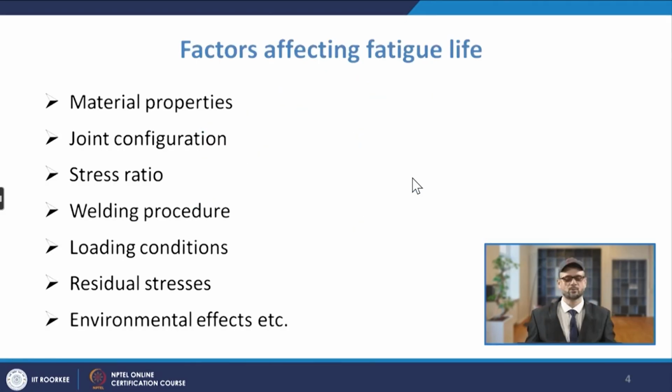So the factors affecting the fatigue life are material properties, joint configuration, stress ratio, welding procedure, load concentrations, residual stresses, and environmental effects.